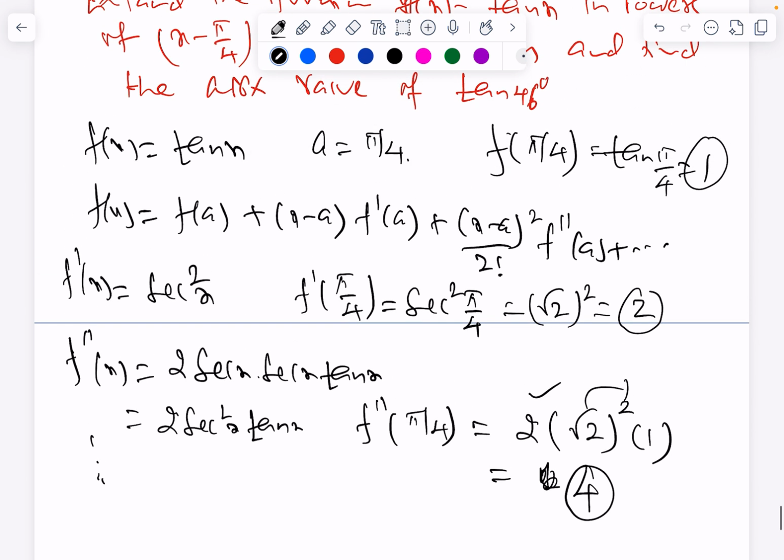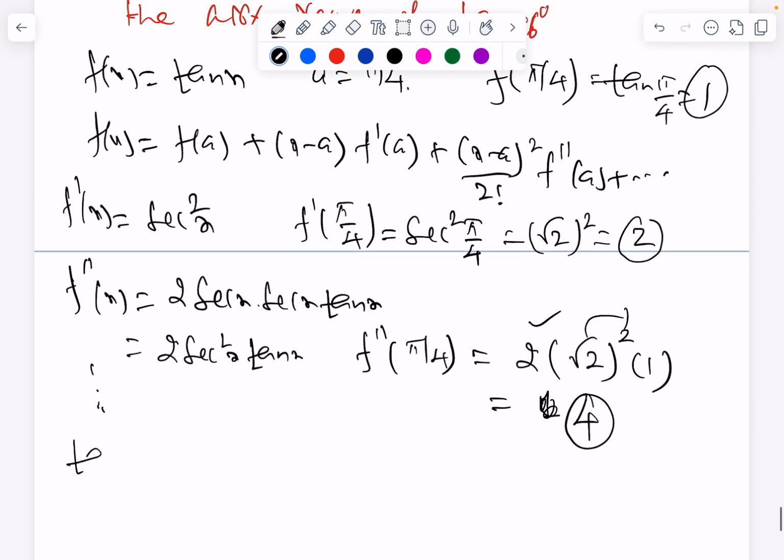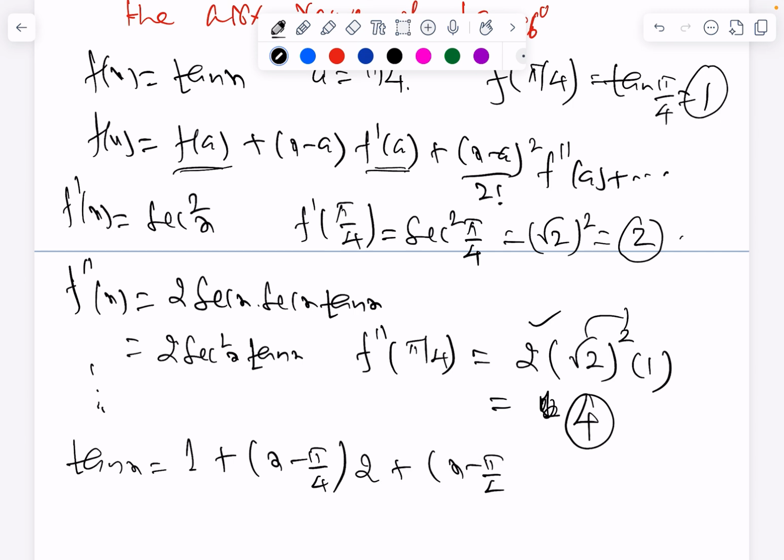So here we have tan x is equal to f(a), that is 1, plus (x minus pi by 4) f dash a, that is 2, plus (x minus pi by 4) square by 2 f second derivative at a, that is 4, and so on.